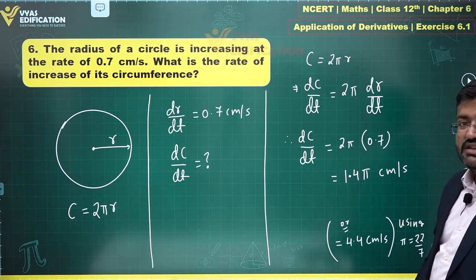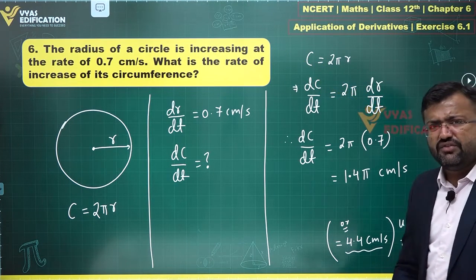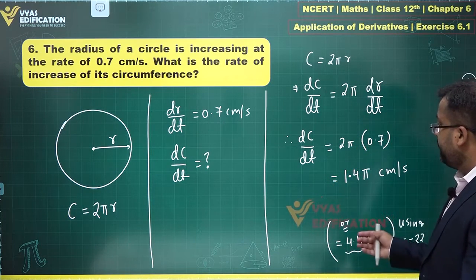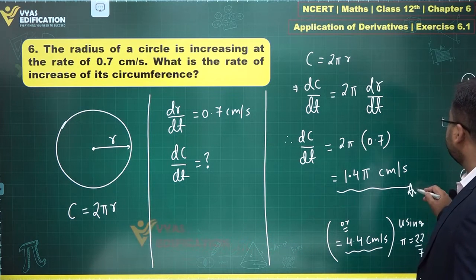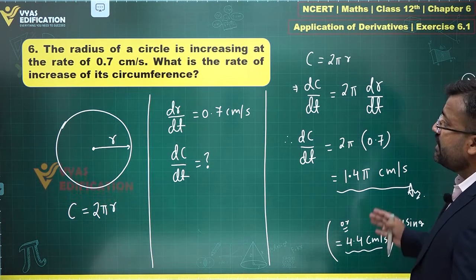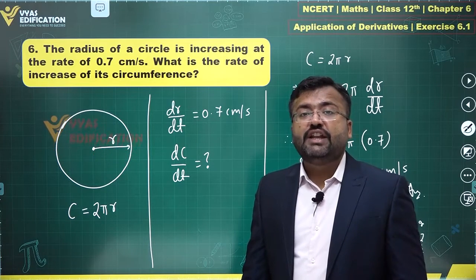So the rest of the answers I've left in terms of pi, but this one can be calculated further, and you may get this 4.4 centimeter per second as well, right? This is also sufficient. Okay, that's the answer for us. Anyway, simplification can be done on your own, right? That's not a difficult thing. But this is what we have over here in this question, right? Let's move on to the next one after this.